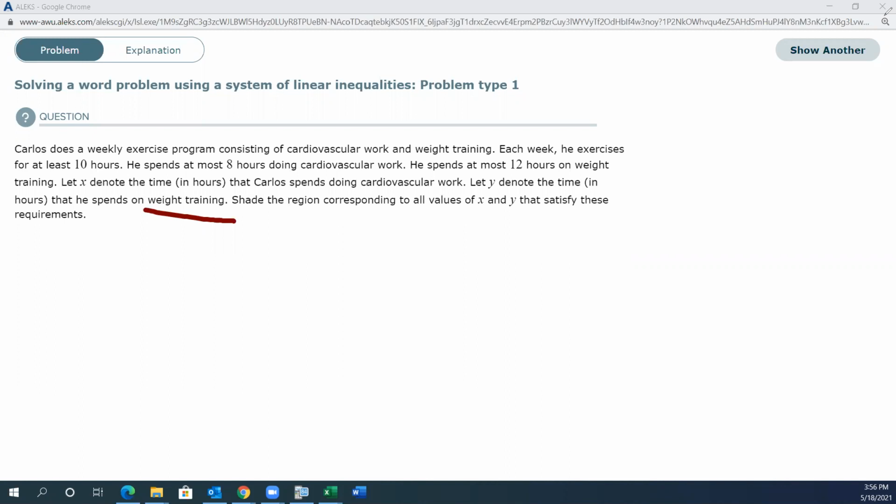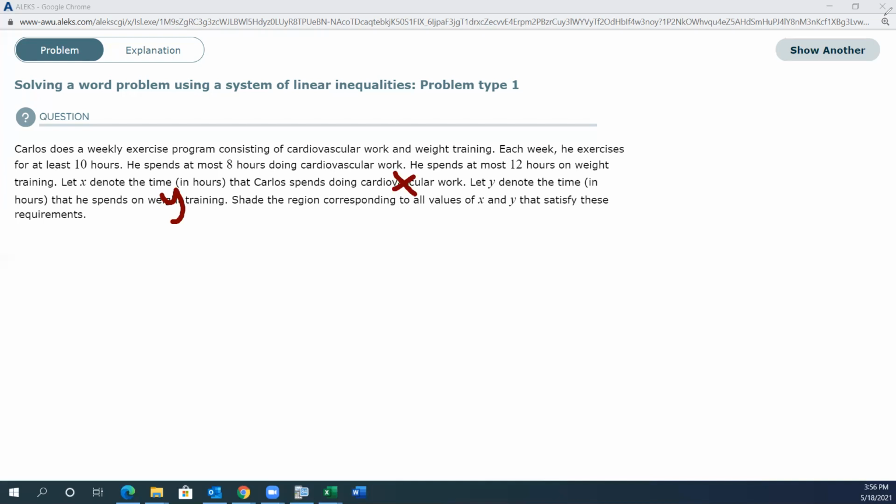And X is going to be how many hours a week he does cardio. So X is cardio, Y is weight training. All right, cool. And so now we need to create inequality statements that represent all the stuff that's written above. Okay. In fact, I'm going to just say X and I'm going to say Y, because I think this makes it easier for me, at least, keep track of what's going on.